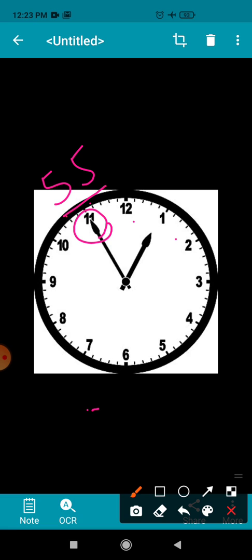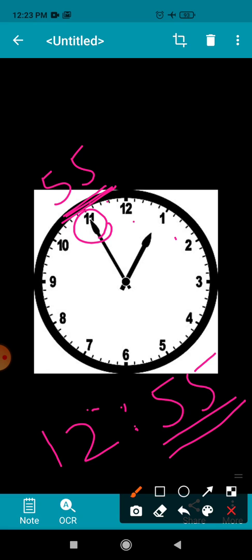It means 55 minutes. It is not yet complete 1 o'clock. It is 12:55, or you can read it as 55 minutes past 12. When this hand moves on 12, then it will be read as a complete 1 o'clock.